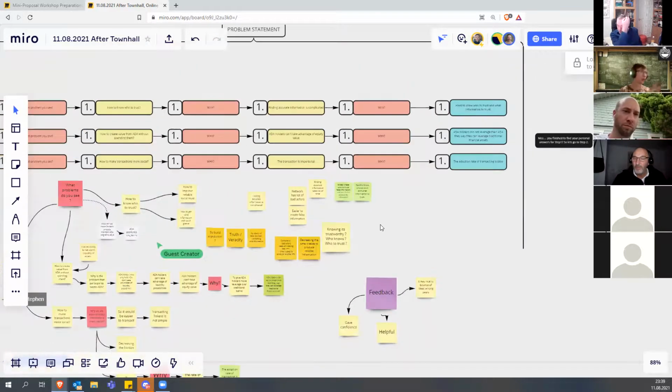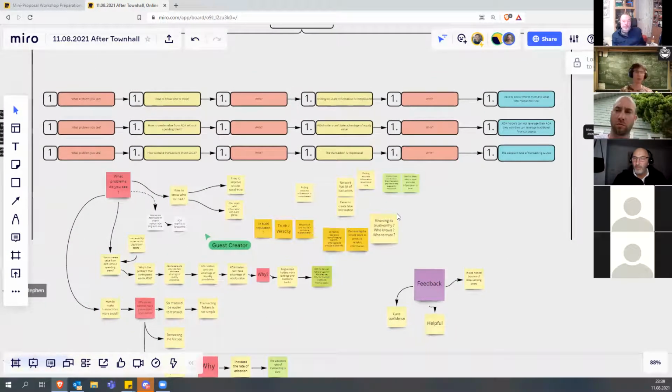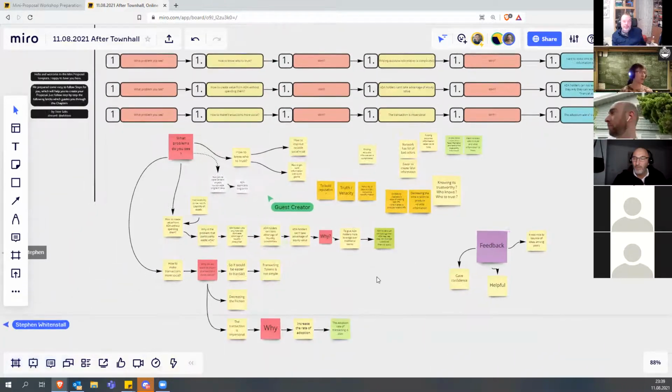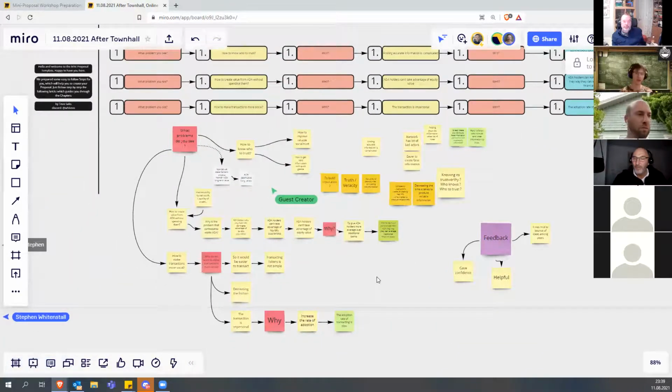And while we go from the problem you see into a statement, it also gives us more clarity about the problem itself.